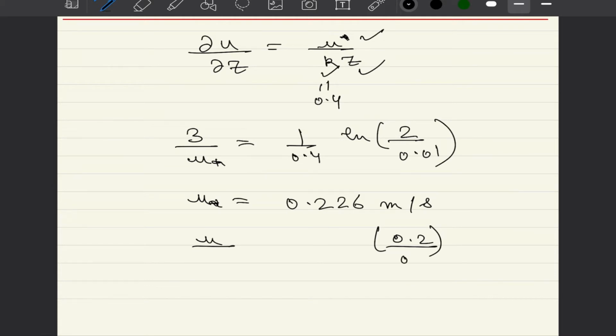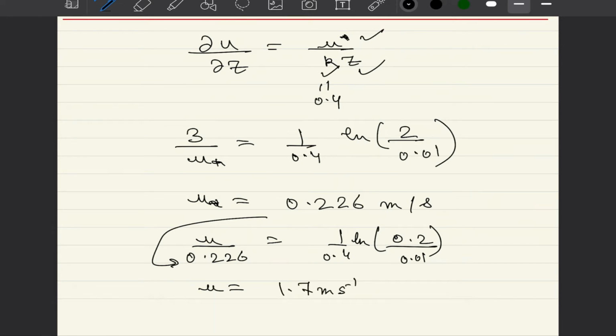So 0.2 divided by 0.01, log of it, times 1 upon 0.4, multiplied by the value of u star, 0.226, gives us the value of u as 1.7 meter per second at height equal to 0.2 meter, which is our value of z.